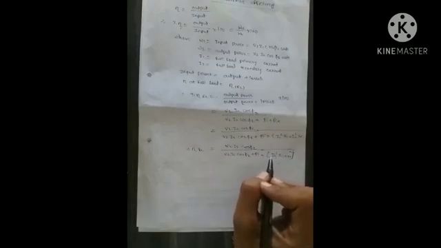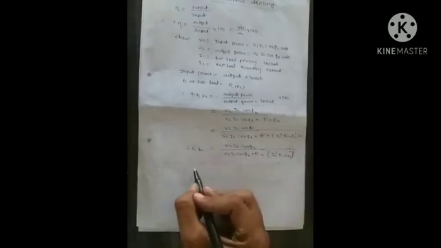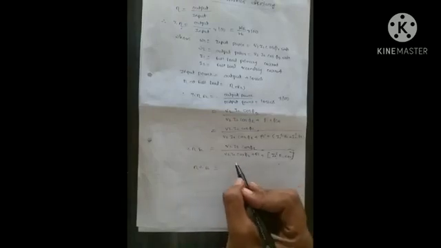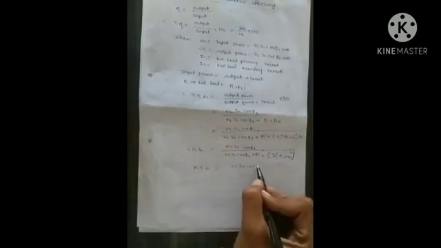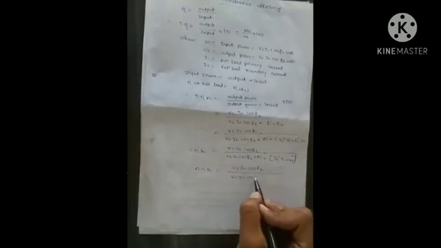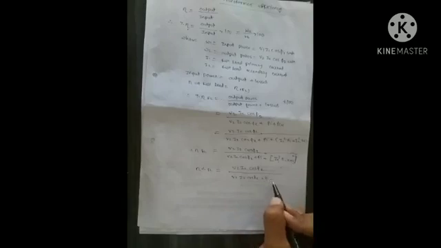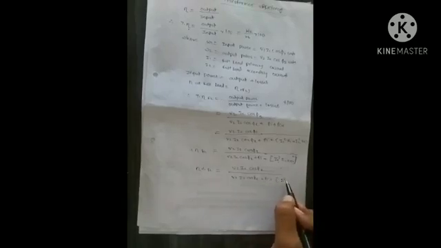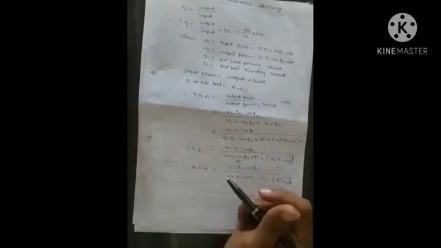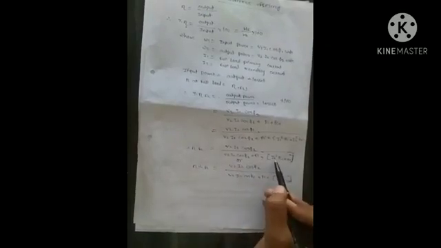So percent efficiency at full load equals V2 I2 cos phi 2 divided by V2 I2 cos phi 2 plus Pi plus I1 square R1 equivalent. These equations are equal to each other, because we can write I2 square R2e or I1 square R1e.